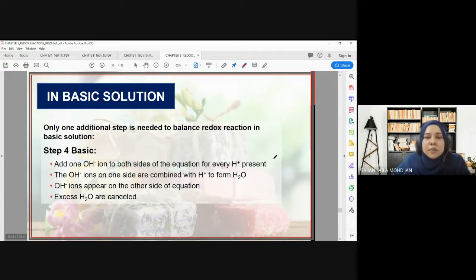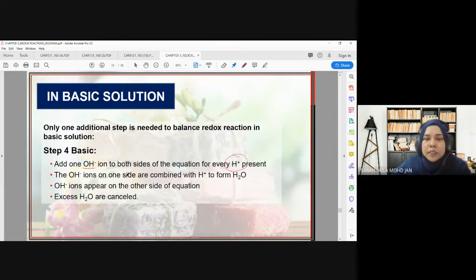Okay. So instead of you tambah H+, kita akan tambah OH negatif. Sebab apa? Sebab dalam basic, you ada ion OH negatif. So dalam step ni kita akan tambah OH negatif instead of H+. Kalau acidic kita tambah H+. This one is OH negative.